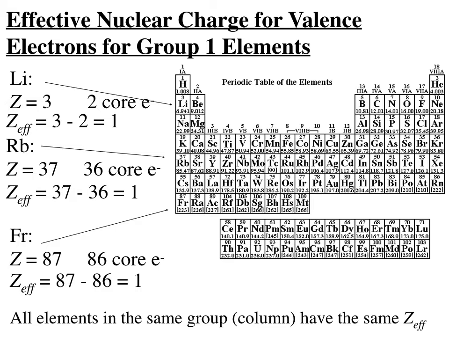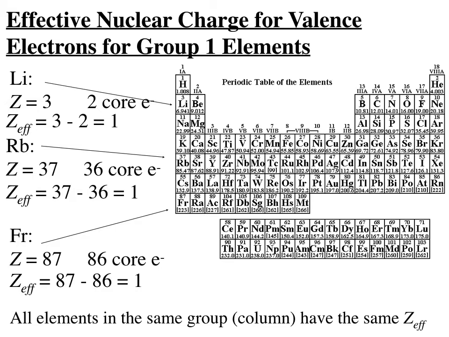That is the leftover charge that the valence electrons experience after the core electrons have each taken up some of the charge. Now, where this gets weird is when you go over to, say, column 16, headed by oxygen.